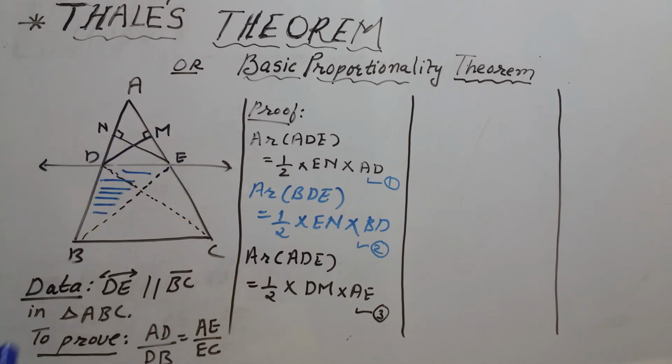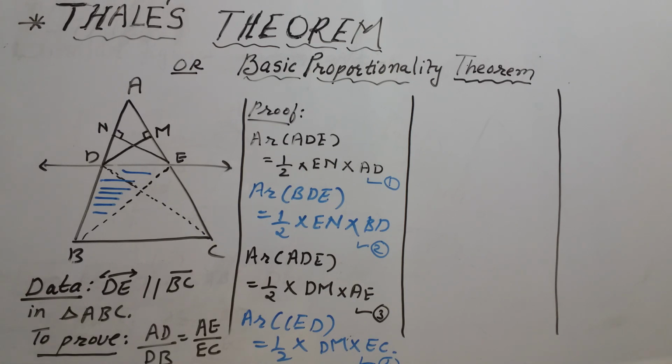Again CED is an obtuse angle triangle with altitude DM. So I can write area of triangle CED is equal to half into the altitude DM into the related base EC. And this I am giving statement number 4.